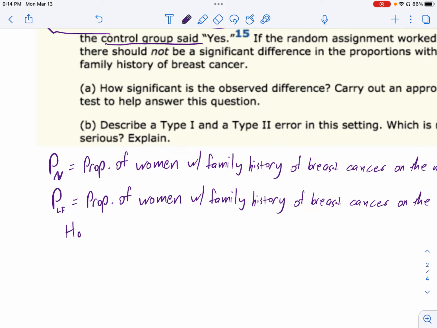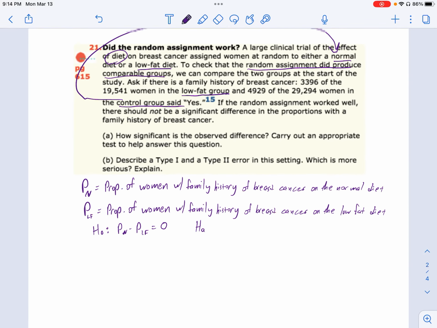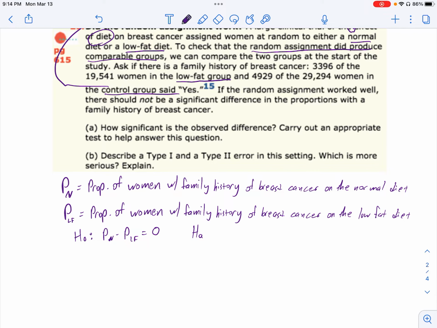The null, as always, is that these two things are the same. So if you were to subtract them, PN minus PLF, you get 0. The alternative would be that it just says that there should be a difference.